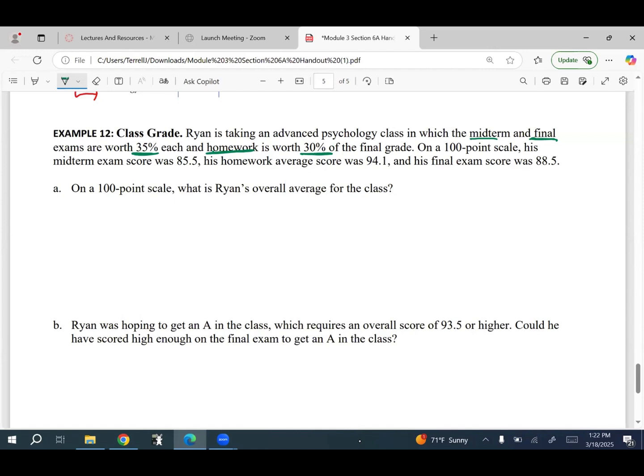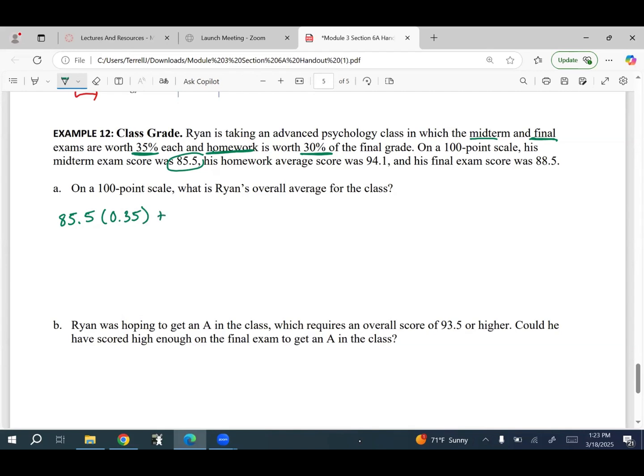So to calculate the score in the class, you just multiply what you got, your score, by how much it's worth. So let's start with the midterm. Ryan scored an 85.5 on the midterm, and it's worth 35%. We learned to change 35% to a decimal.